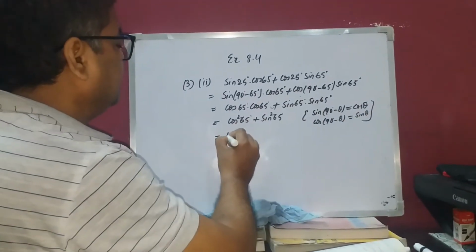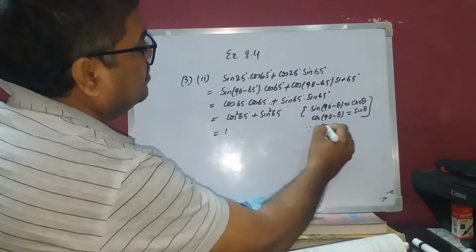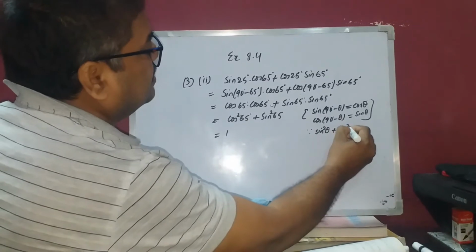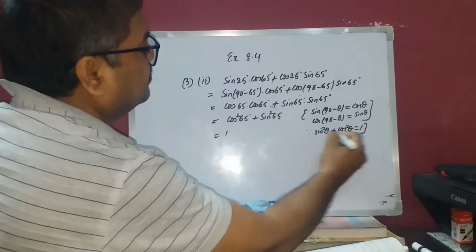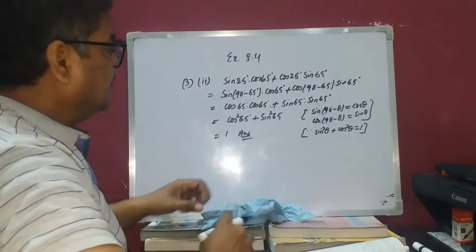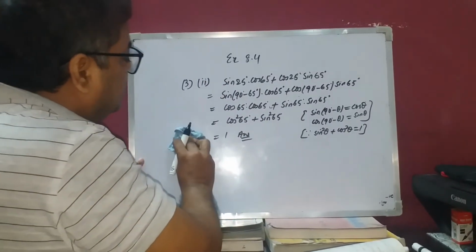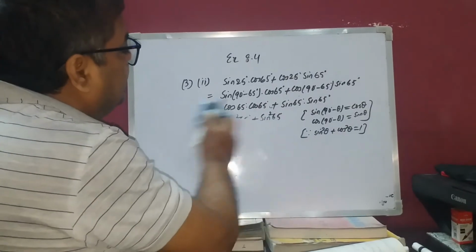And this is 1 since sin square theta plus cos square theta equal to 1. And this is your final answer. Now question number second is also completed.